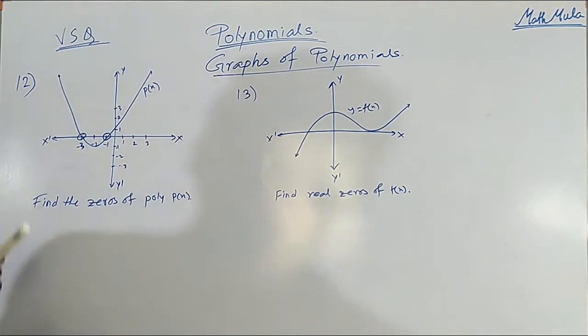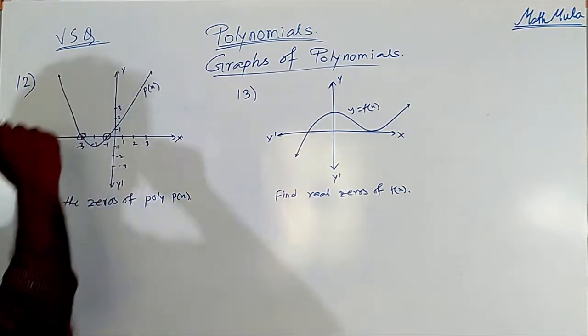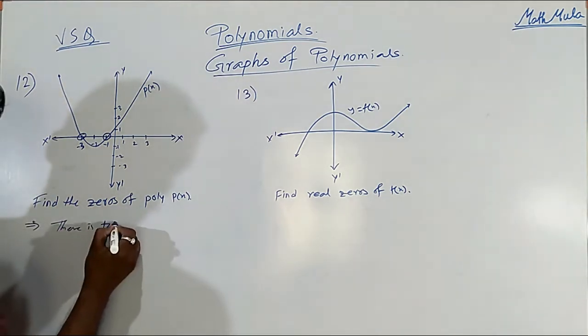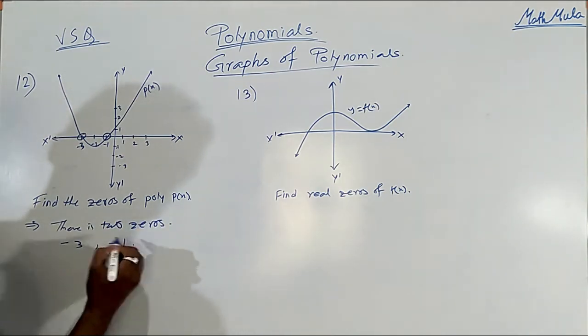That means there are two zeros, and this is the graph of a quadratic polynomial, so there must be two zeros. The two zeros are -3 and -1.